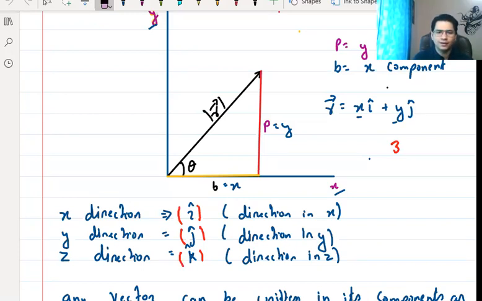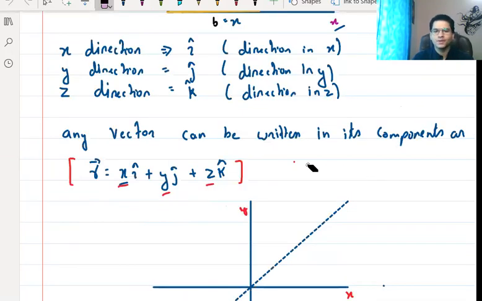But if I'm writing 3 I cap, what is the meaning of 3 I cap? 3 I cap means 3 in x-axis, because I cap means x-axis. Everything is written in the same way. If I'm writing 4j, it means 4 unit in y-axis. J automatically means y-axis.